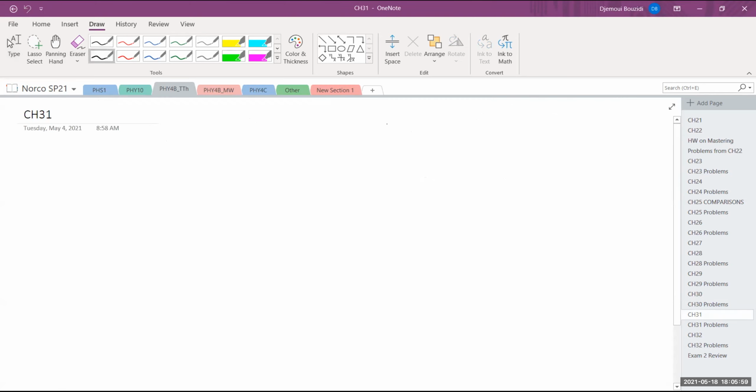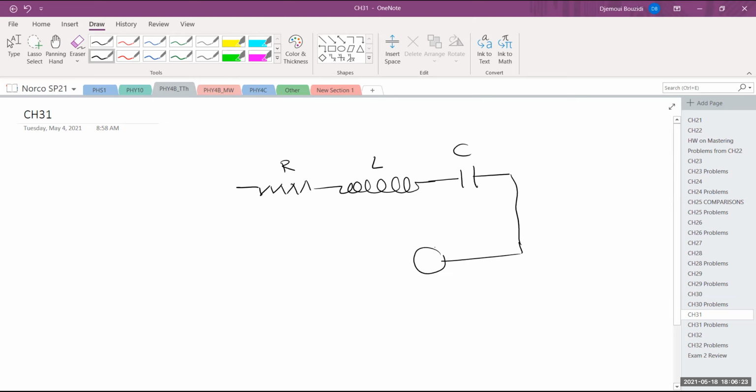And now we're going to have the same RLC circuit, except in the following configuration. So let me show you how this looks. We have a resistor, an inductor, and a capacitor. Except now you have a power supply that is alternating. So how are we going to make an alternating power supply, you ask?